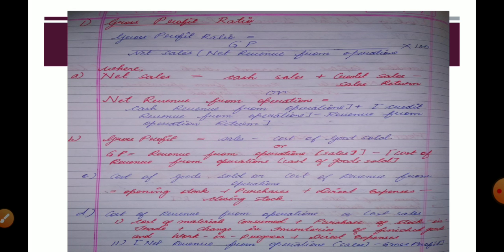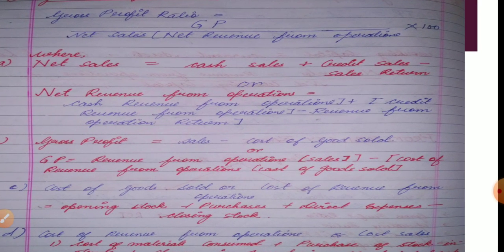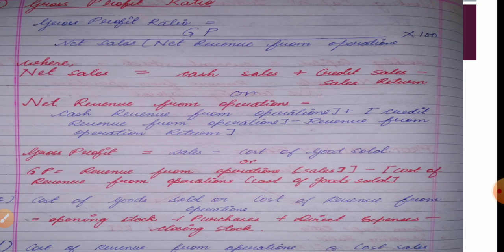Now how do you calculate net sales? That is cash sales plus credit sales minus sales return. If there is net revenue from operation, you can calculate it from this formula, that is cash revenue from operation plus credit revenue from operation less revenue from operation return.